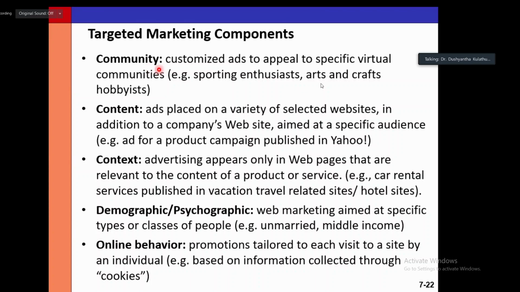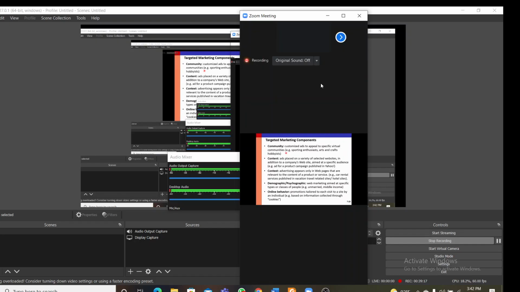There can be certain virtual communities which connect these different programmers around the world. So if we want to recruit programmers, we can place advertisements there, which will be more effective than placing an advertisement somewhere else. So that is one way of targeting which we can do.